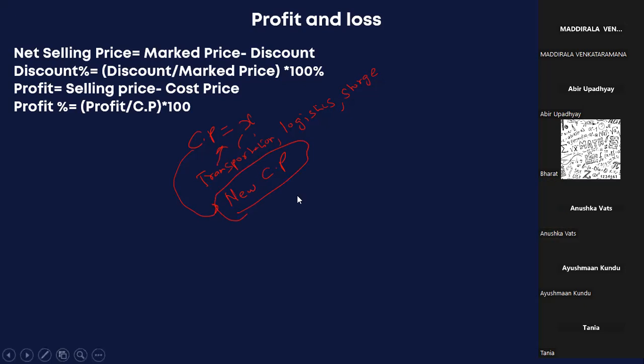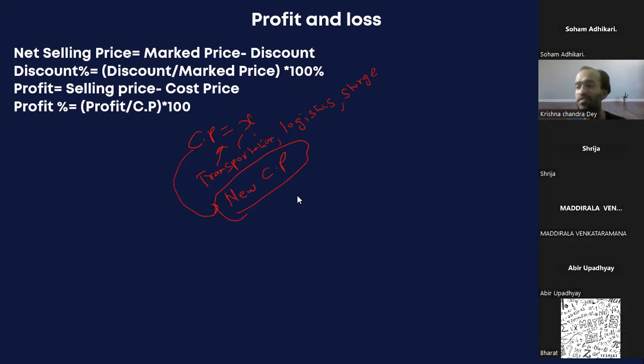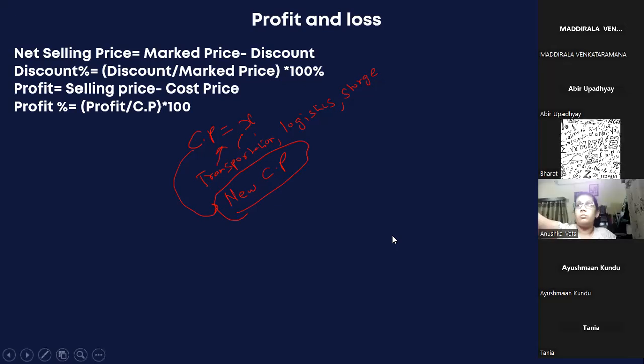These costs are borne by the seller himself. If the seller is paying from his pocket, apart from the amount he is paying for buying, for transportation, storage or any other thing, his effective cost price will change, and profit and loss will then be calculated on the effective cost price. Got it? Yes, sir. Okay, cool.